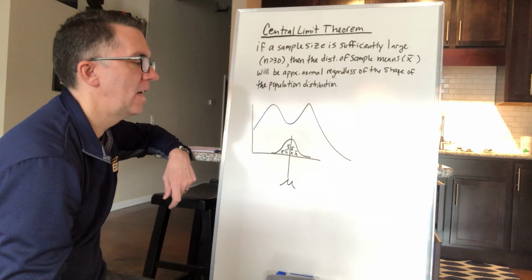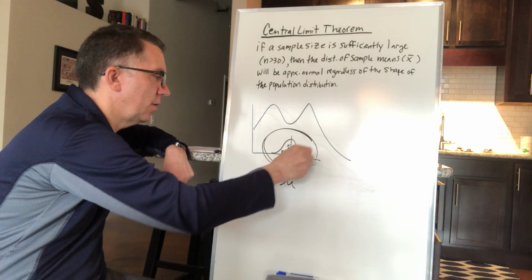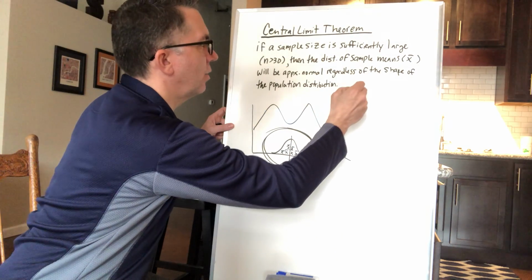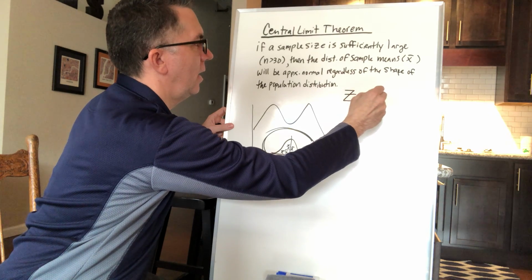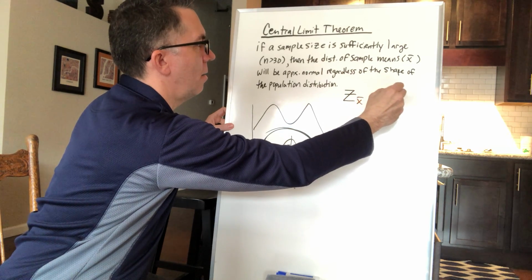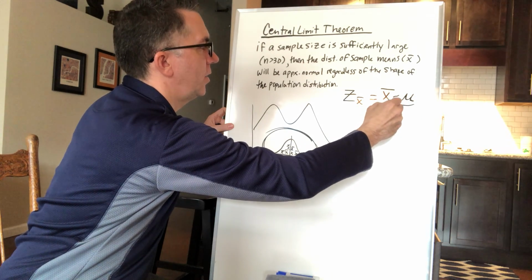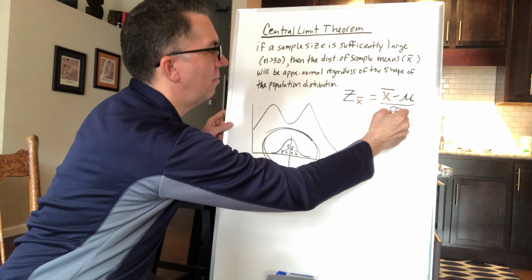Okay? So when I use a z-score for this distribution, for that little sample distribution, the z-score is different now. The z-score for an x bar is x bar minus mu all over sigma, seems about right so far, but divided by radical n.